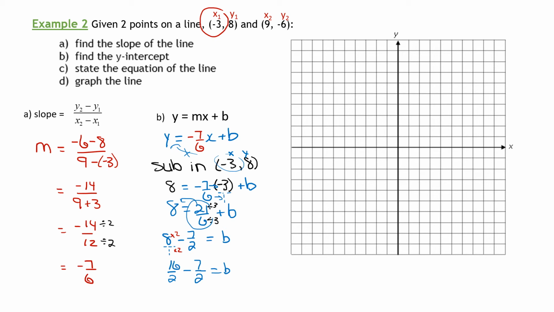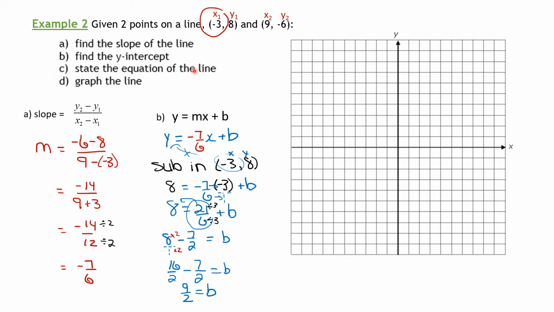So 16 over 2 minus 7 over 2 is 9 over 2. That is b. So we have found both parts that we need. We needed to find the m, which is the slope, and the b, which is the y-intercept. We had to get a value for both of them. We got m here, we've got b here. That's what the y-intercept is. It's the b. So I found that.